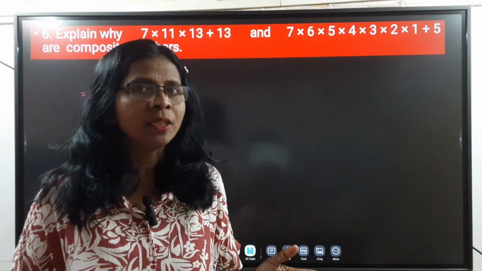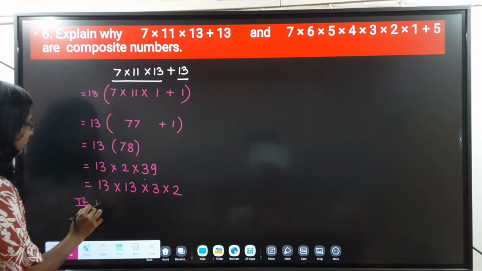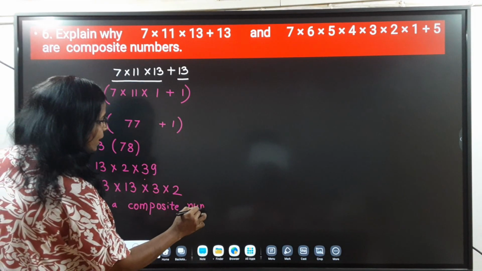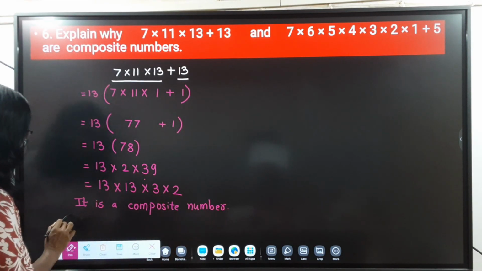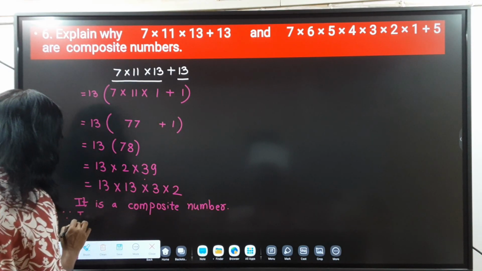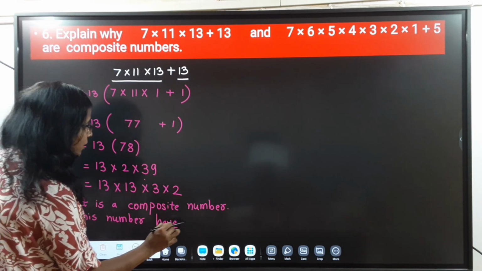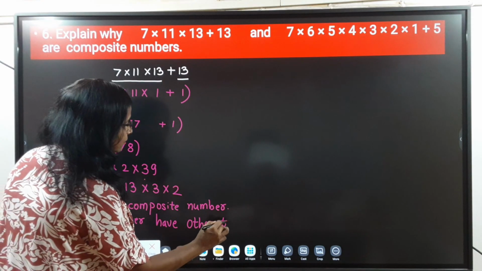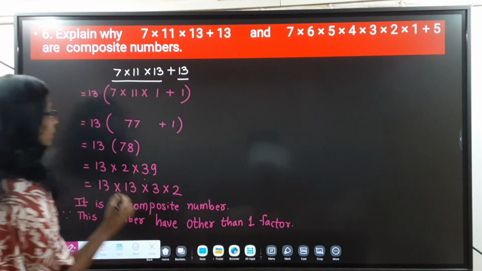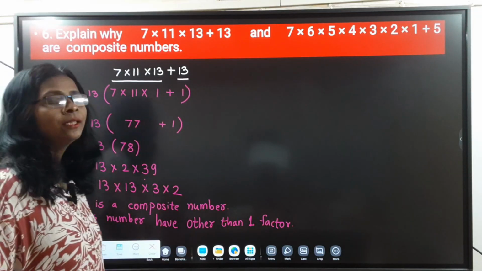I write down that it is a composite number, and the reason is that this number has factors other than 1 and itself, more than 2 factors.